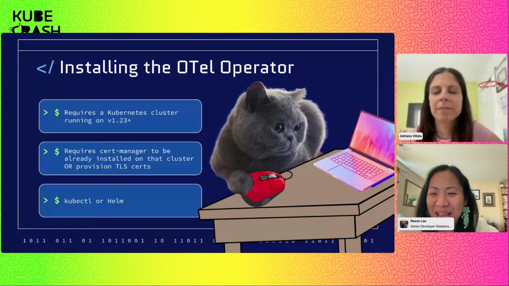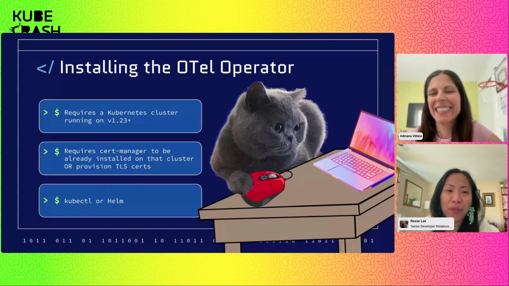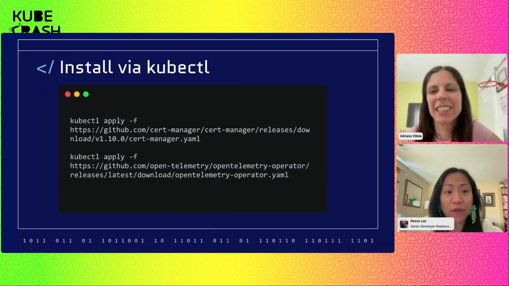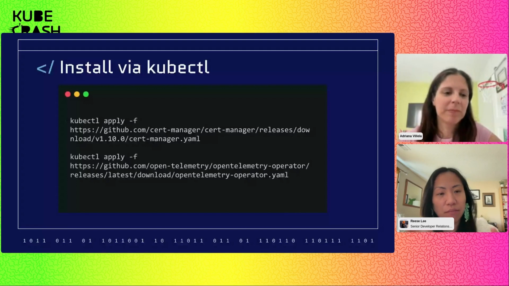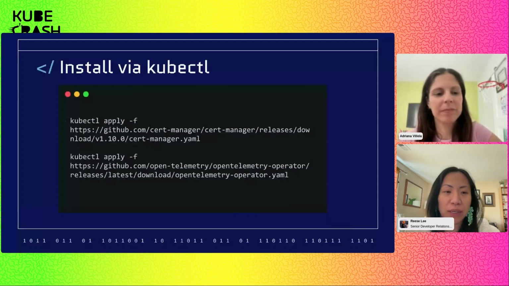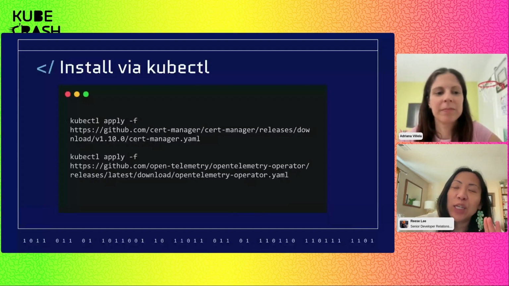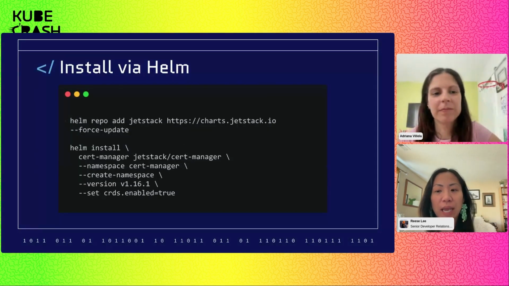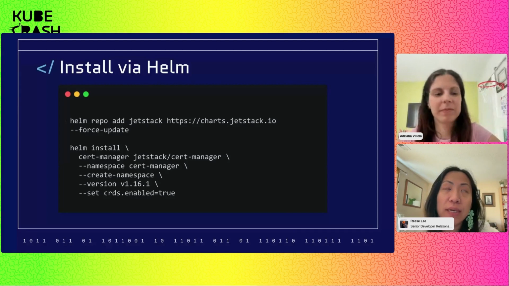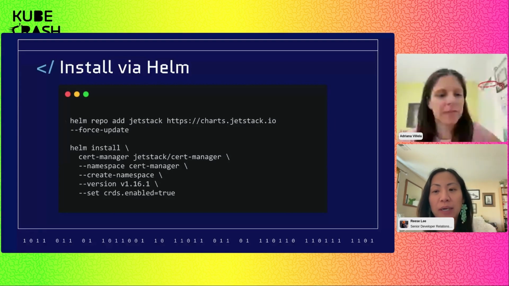Yes. And we've included the commands for both in the following slides, so you can reference them after our session. So taking a look here, you will install Cert Manager and then the operator using these kubectl commands. You can also install using Helm. Note that version 3.9 at least is required, which you will see pop up here in a second.